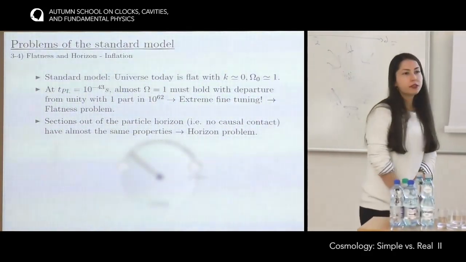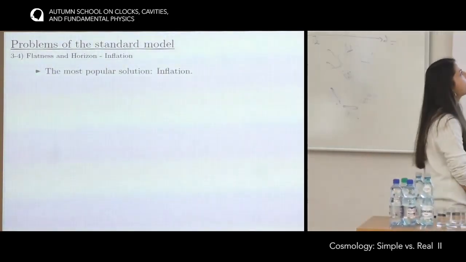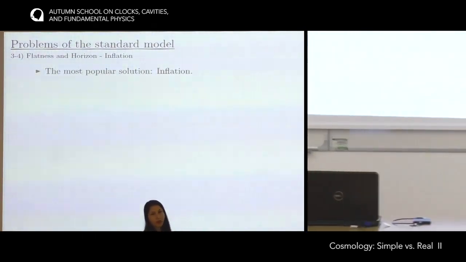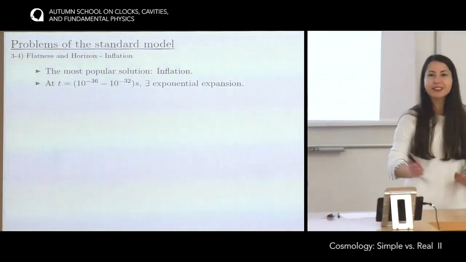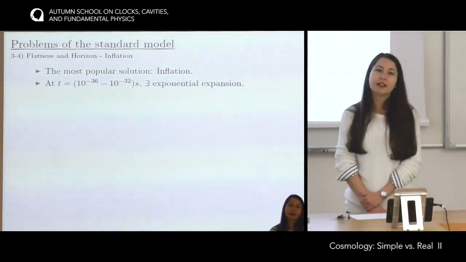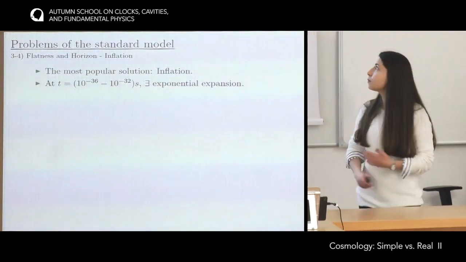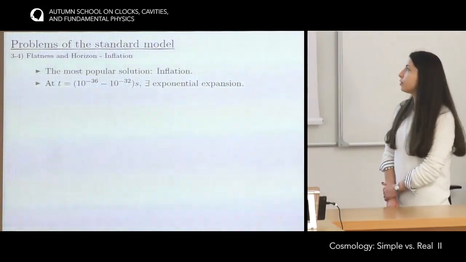So in the 80s, Alan Guth and Andrei Linde came up with a solution, which is inflation. They said that in this very early era, between 10 to the minus 36 and 10 to the minus 32 seconds, the universe went through an exponential expansion, which was huge, in a very short amount of time.